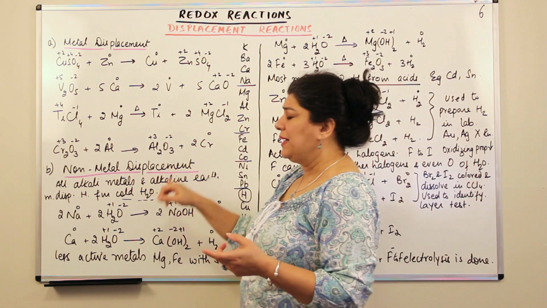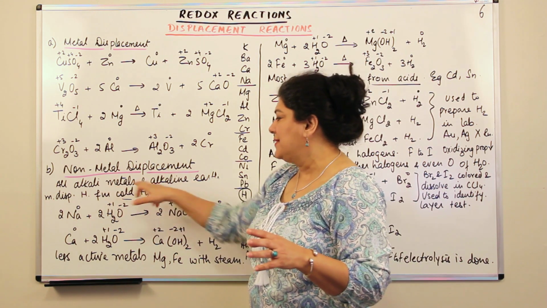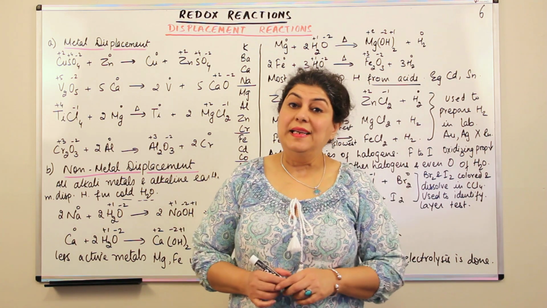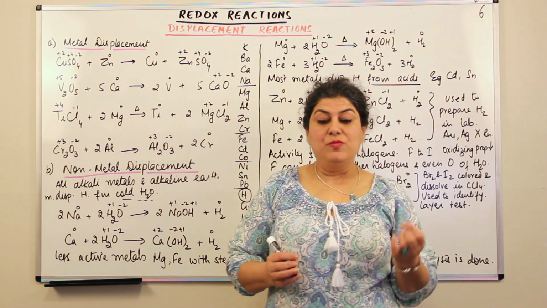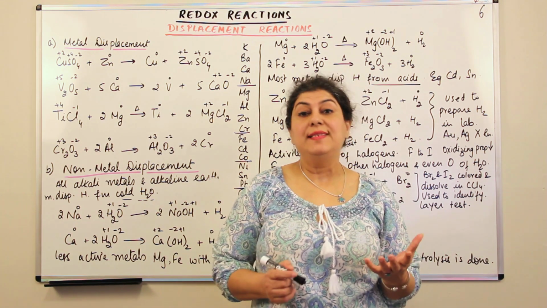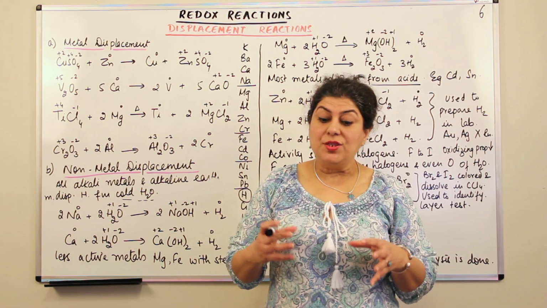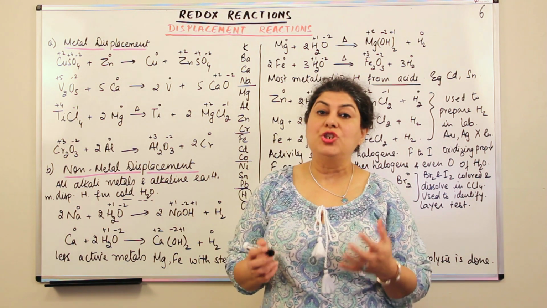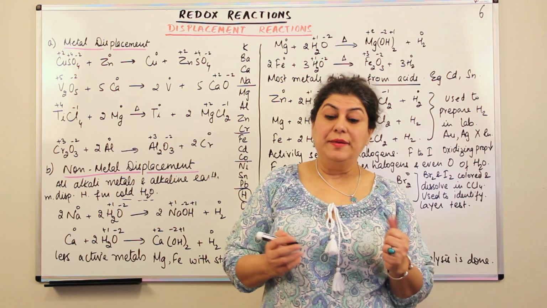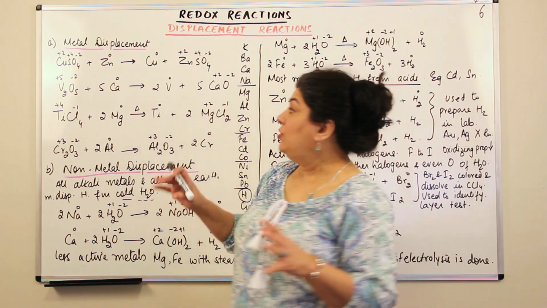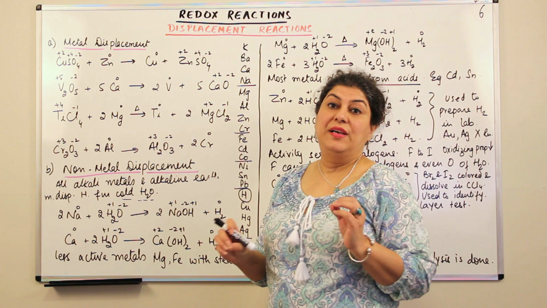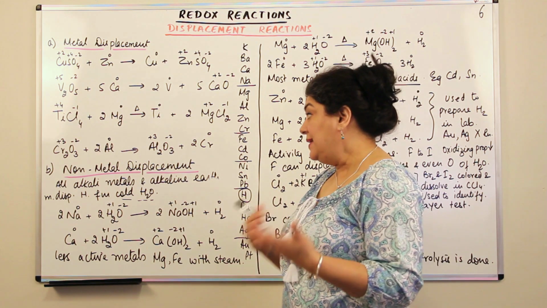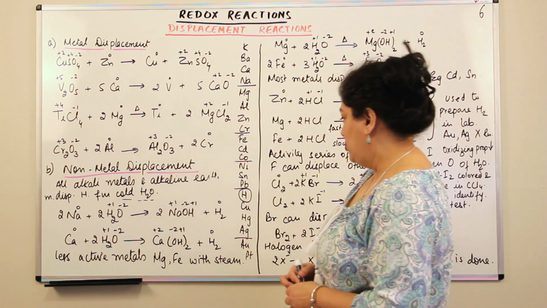So when we talk of non-metal displacement, we say alkali metals and alkaline earth metals, who are quite reactive. The alkali metals are lithium, sodium, potassium, rubidium, cesium, francium, and the alkaline earth metals are barium, magnesium, calcium, strontium, beryllium and radium. These are far more reactive because they have only 1 or 2 electrons in their outermost shell and it's very easy to lose these electrons.